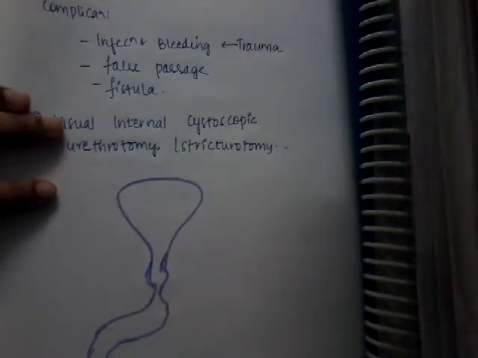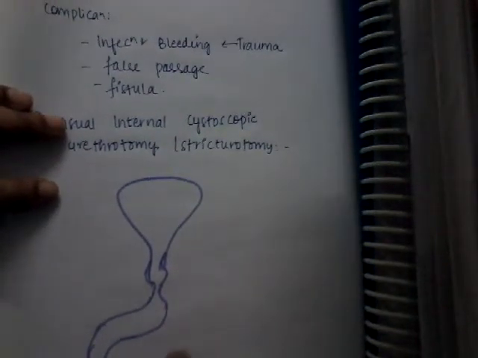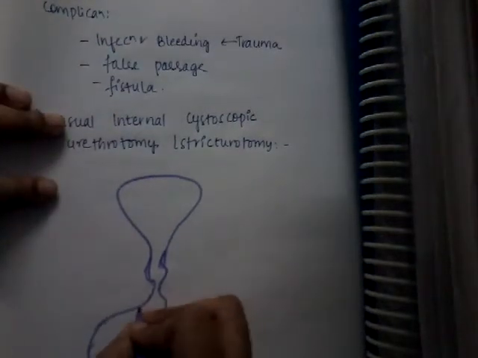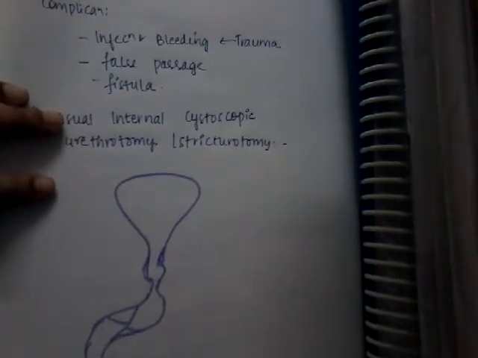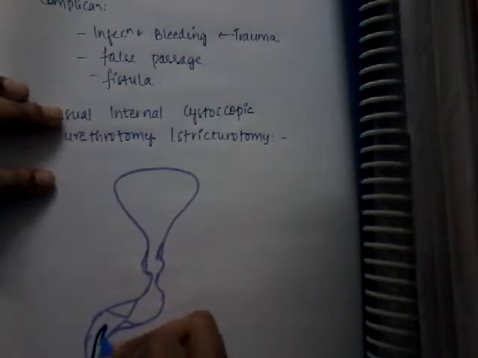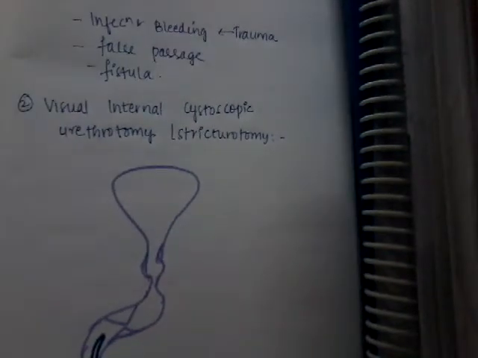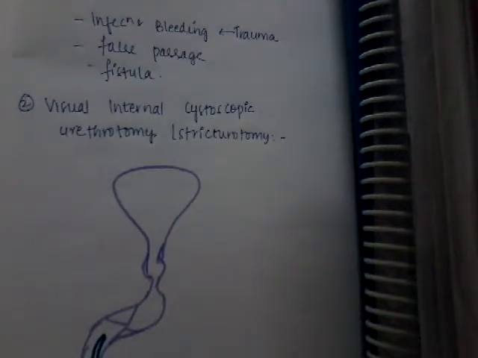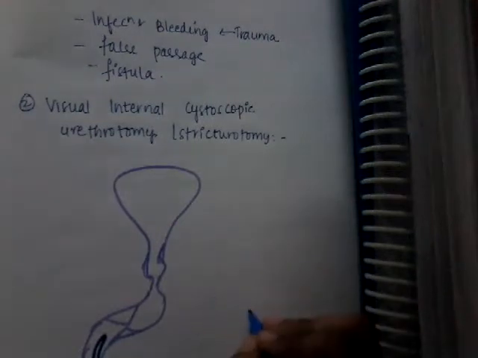Okay, first we will pass a cystoscope. So this is the stricture. Then after passing a cystoscope, visualize the stricture, and this is the stricture, right?